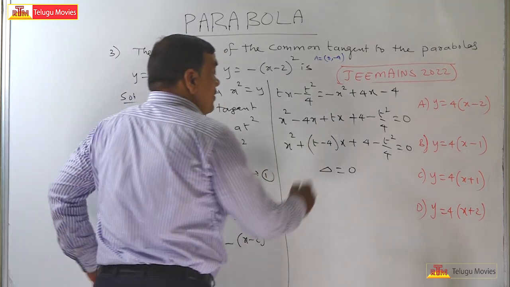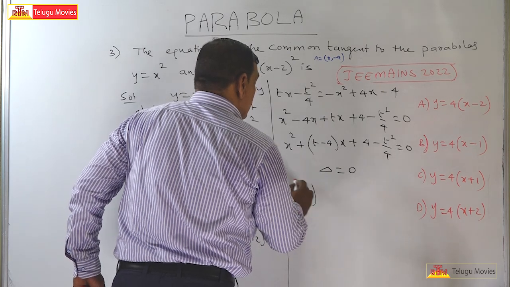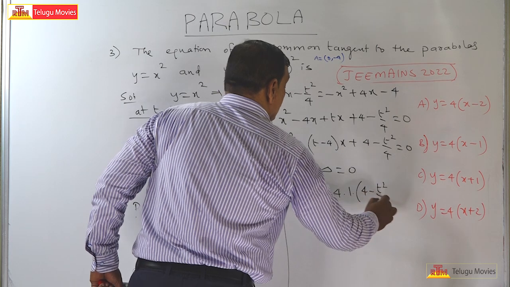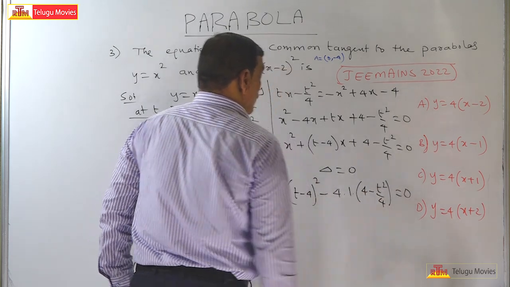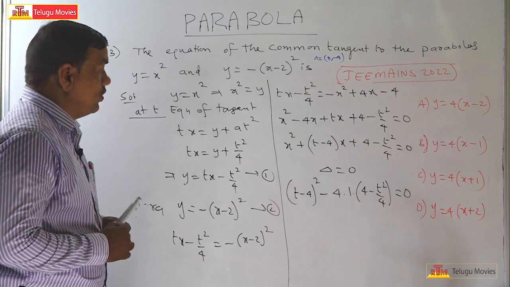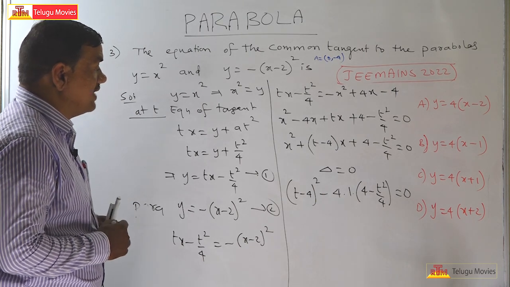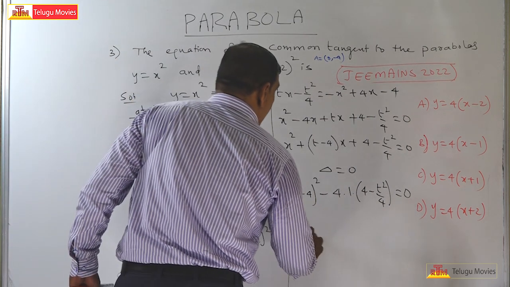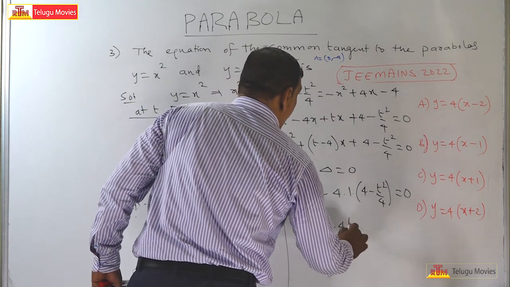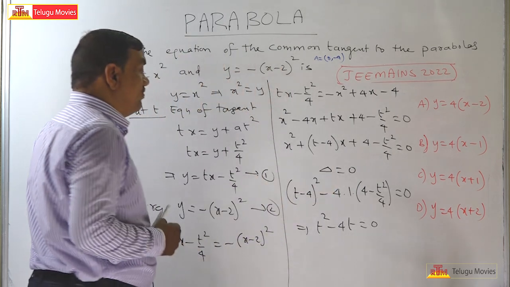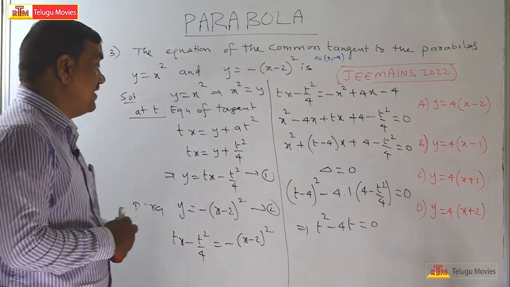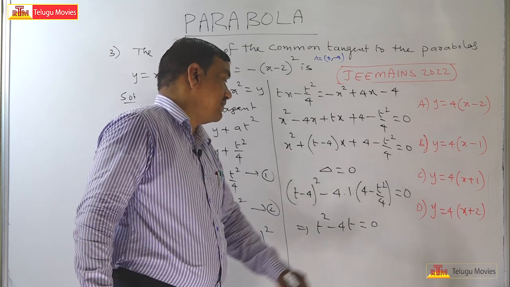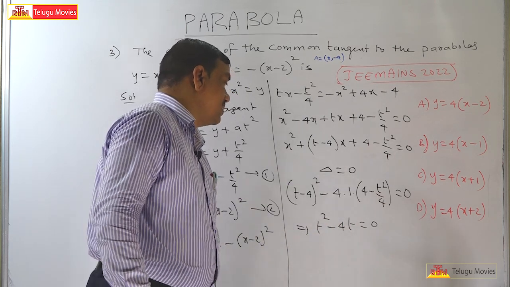What is the discriminant? B square minus 4ac, that is (t minus 4) whole square minus 4 times 4 times (4 minus t square by 4) is equal to 0. So this is equal to (t minus 4) whole square minus 4 times 4. If you solve this, you multiply inside, minus 16, minus plus 4 cancel, plus t square, plus t square.